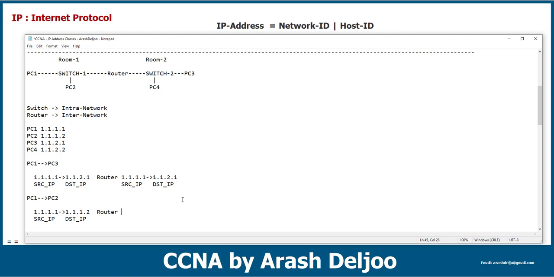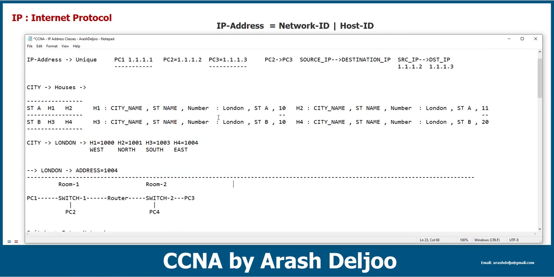As you know, in the real world we have this information. For example, in the scenario we saw before with house 1 and house 2, when house 1 needs to send a packet to house 2, because house 2's city name and street name are the same as the city name and street name of house 1, house 1 can understand that the destination is residing in the same street.